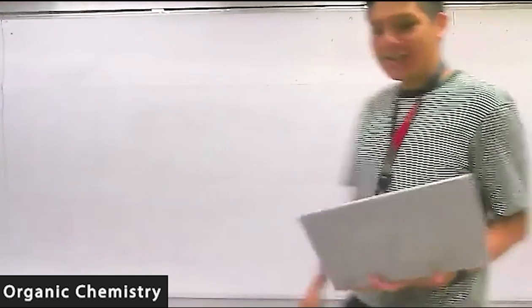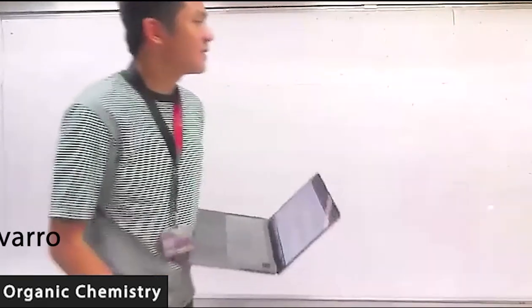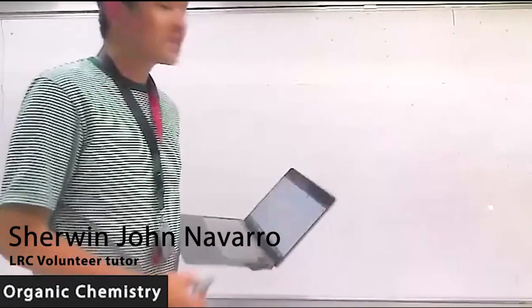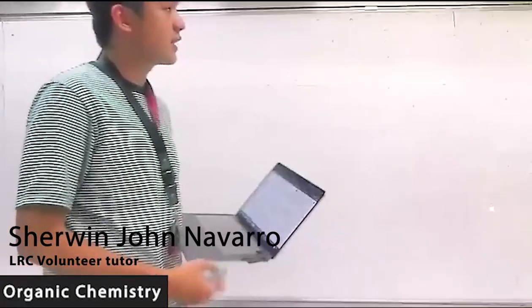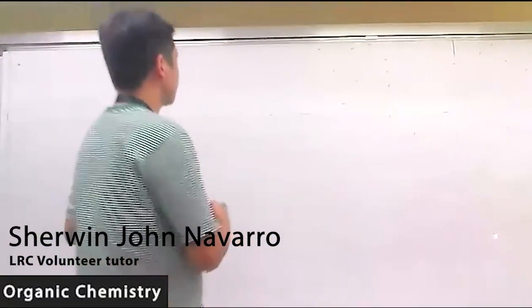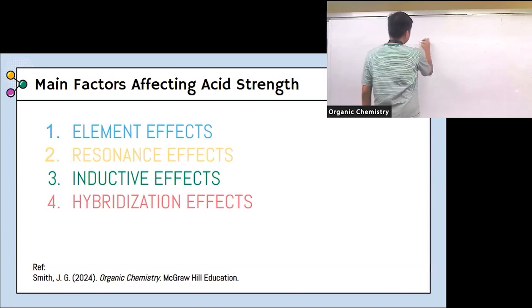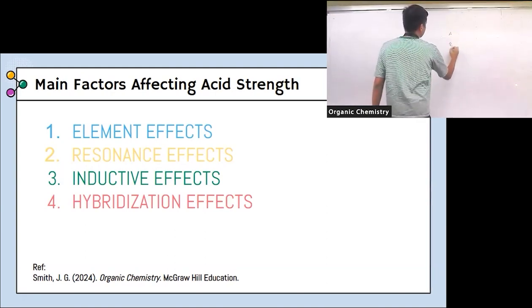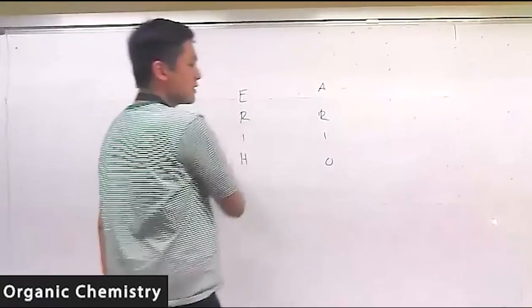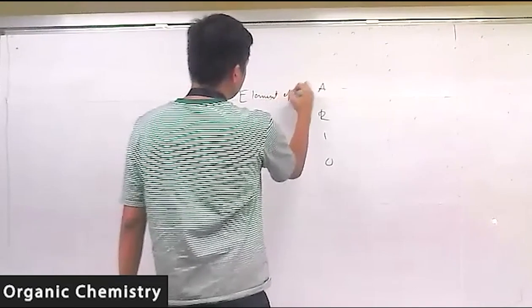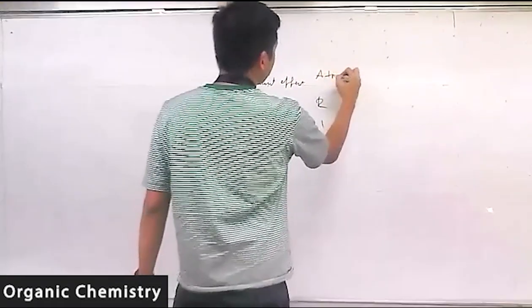So, good morning. Next slide, please. I'll be discussing the main factors affecting acid strength. Just so we are clear, I could write this down first. There's a good mnemonic, you can use either ARI or ARIO. A is atomic effect, or element effect, it's the same thing.